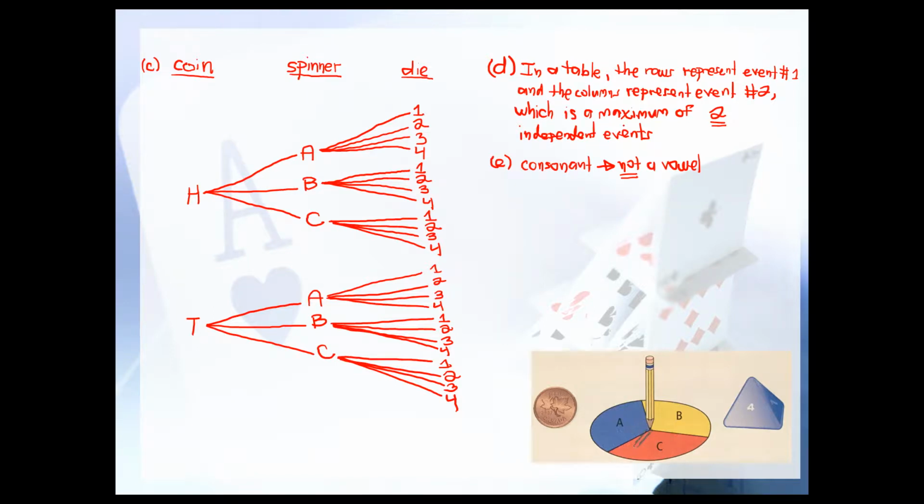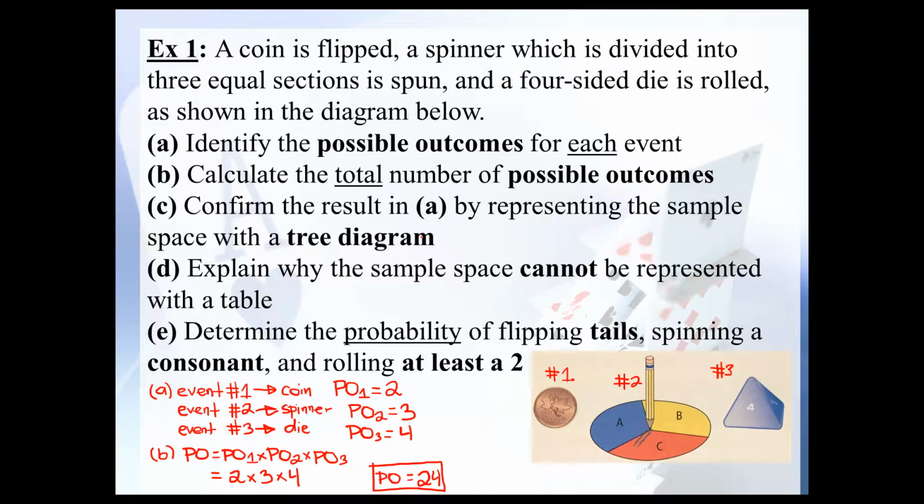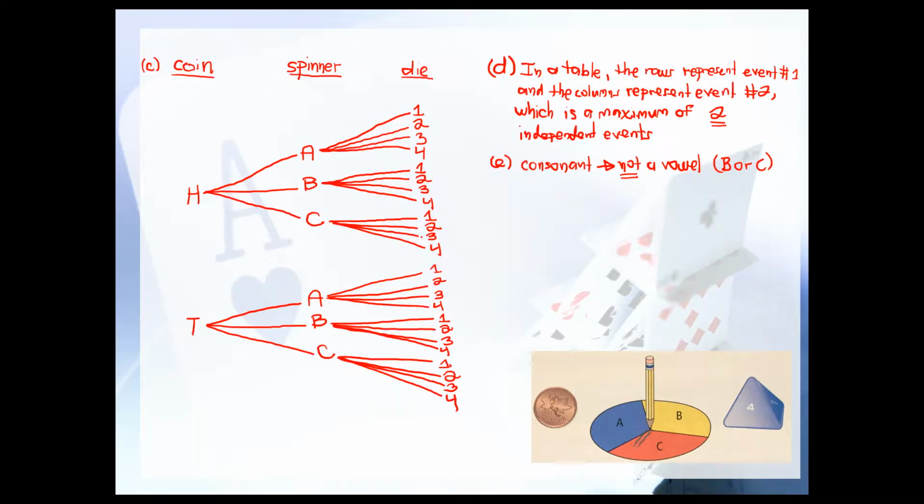Okay. So if you look at the spinner, which letters on the spinner would not be a vowel? Well, that could be B or C. B or C are consonants, okay? So we could write down B or C. And then it says of rolling at least a 2 on the die.